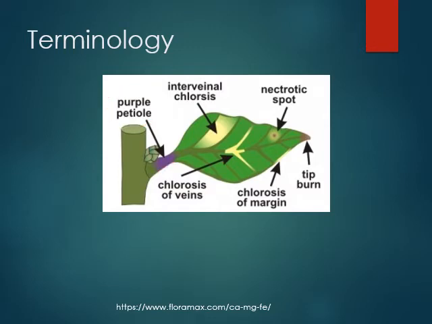Intervenal chlorosis or chlorotic veins, necrotic spots, which is a tricky one because I think in your plant pathology you've come across leaves that have necrotic spots, and that is often more associated with toxicities or fungal infection or insect damage. But let's keep it on the list. Then there's chlorosis of the margin of the leaf on the outer edge, or tip burn, right?